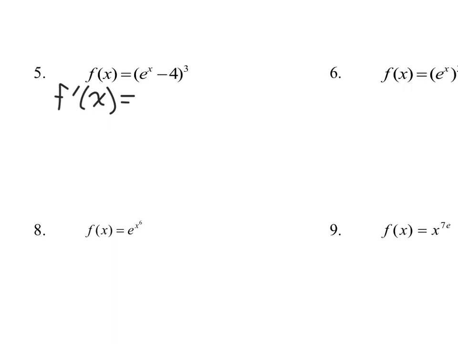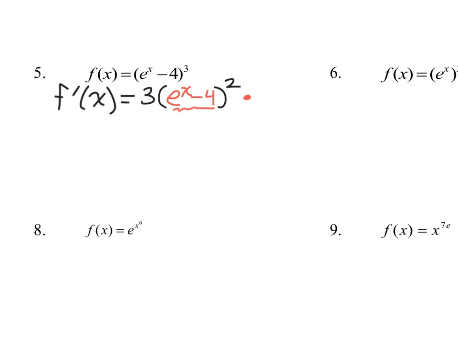All right. So the shortcut, though, we're looking at something being raised to the third power. The derivative of something to the third power would be 3 times that something to the second power. That something being e to the x minus 4. Chain rule tells us to multiply by the derivative of the something.